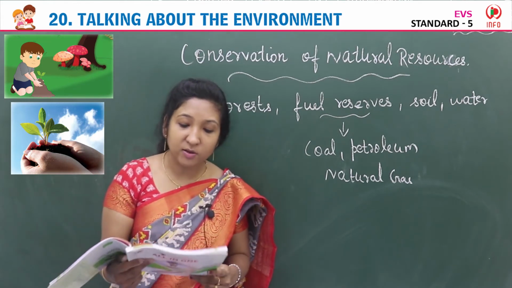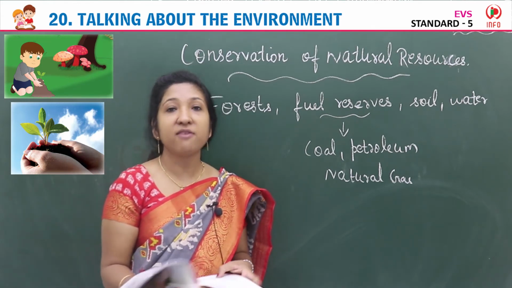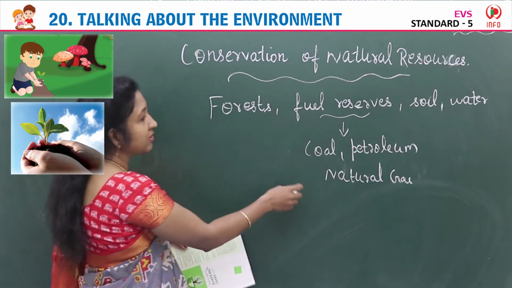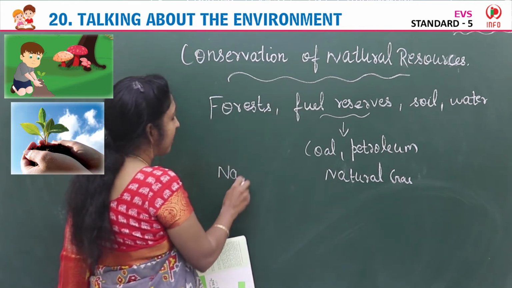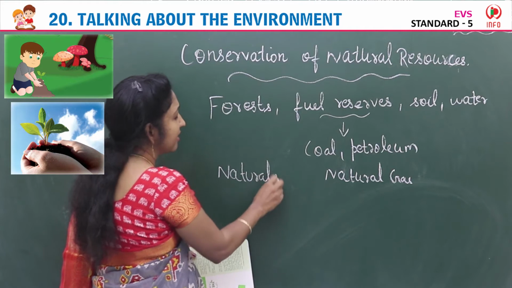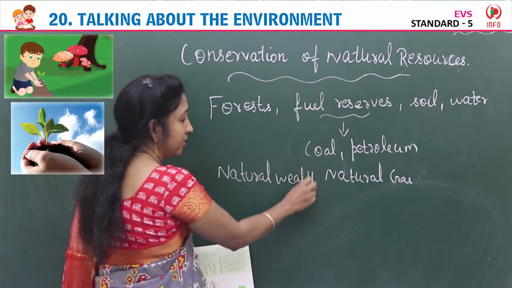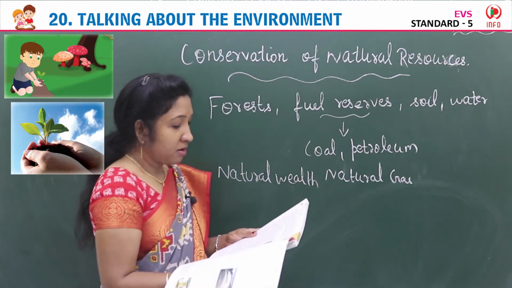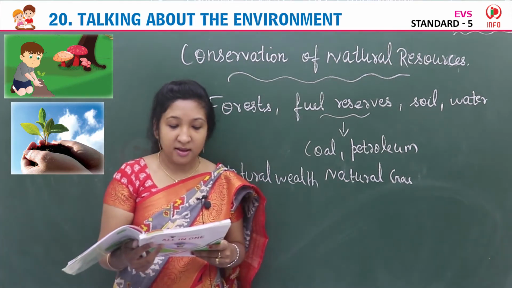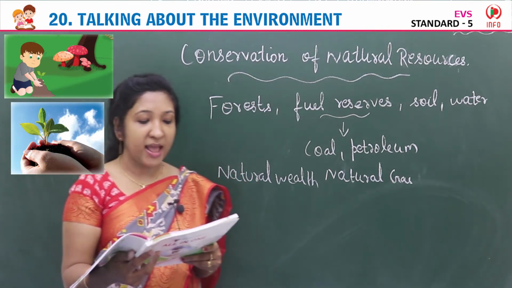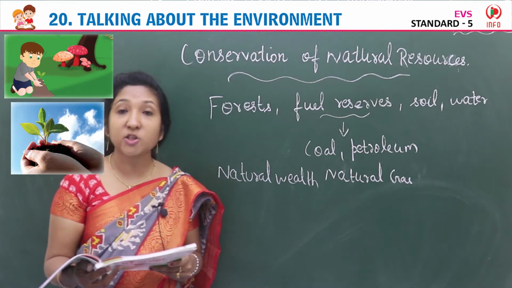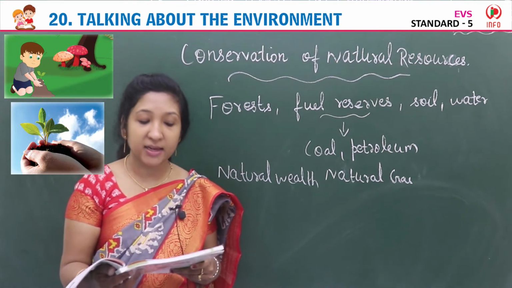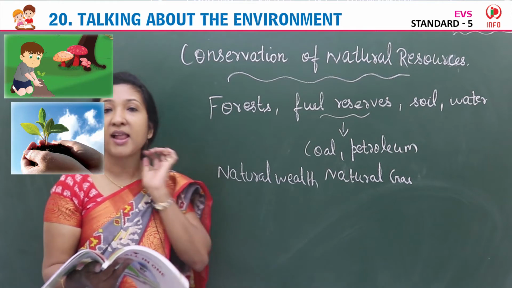Natural resources are also called natural wealth. They are our natural wealth. So natural resources are also called natural wealth, or we can say it's nature's gift, or gift of nature. Yes, for the simple reason that humans and all other organisms depend on these natural resources directly or indirectly for survival and existence.